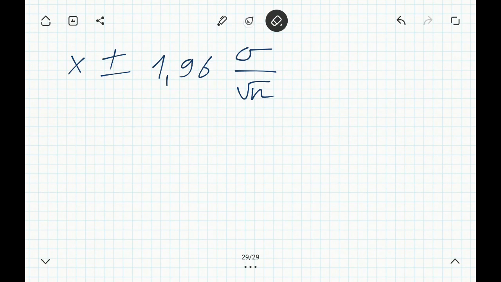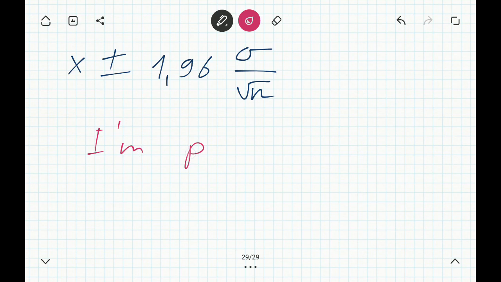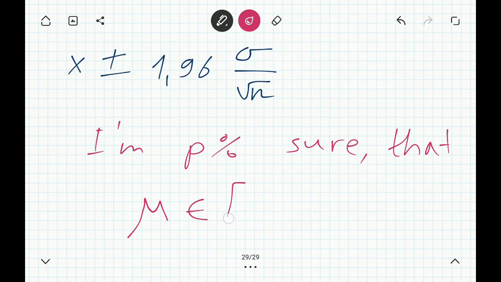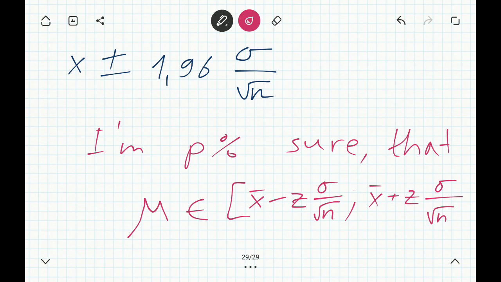So let me put it here again as a neat formula. I'm p% sure that my population mean lies inside the interval, which is x minus z sigma over square root of n, and x plus z sigma over square root of n.